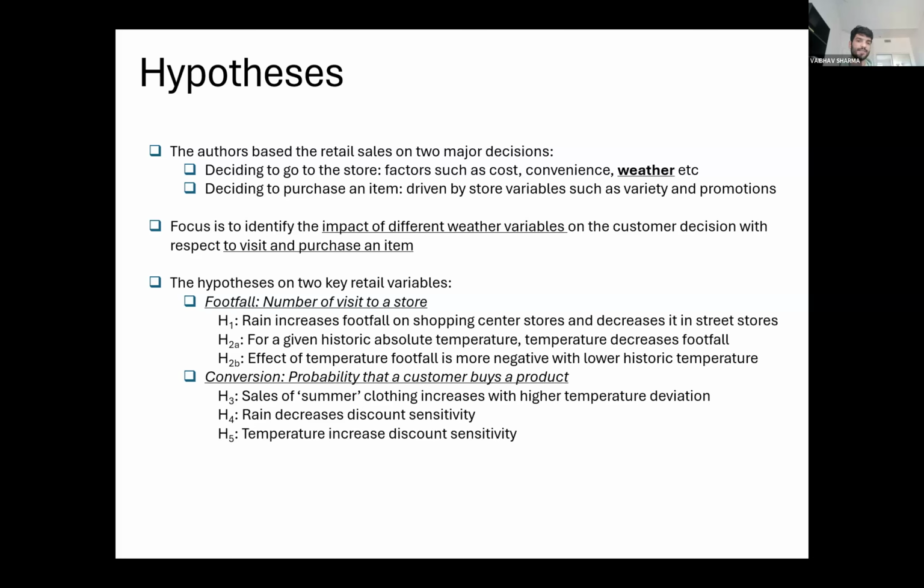And secondly, that the effect of temperature on footfall is more negative when the historic temperature is very low. And on the conversion front, which is defined as the probability that a customer buys a product, the hypothesis is that the sales of summer clothing increase with higher temperature deviation. And the last two hypotheses talk about the discount sensitivity to rain and temperature.